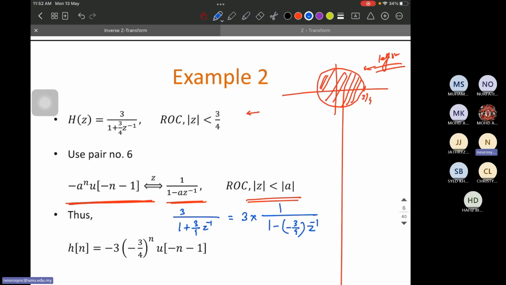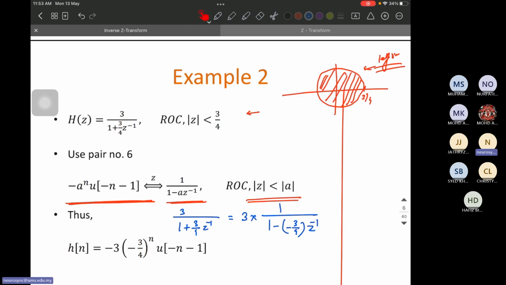Now if we compare this signal to this formula, the inverse Z transformation is like this. We keep 3 outside. Now this is minus of a to the power n, therefore minus of minus 3 by 4 to the power n, u of minus n minus 1. So the inverse Z transformation of this is this.